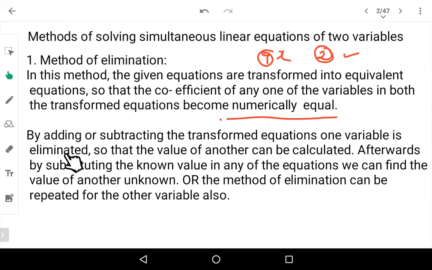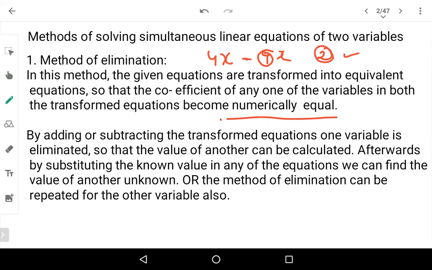Let's say we wanted to eliminate the x variable from the equation. In that scenario, we are going to make the coefficient of x the same number. Say this is 4x in the first equation, I'm going to make the second equation also 4x.